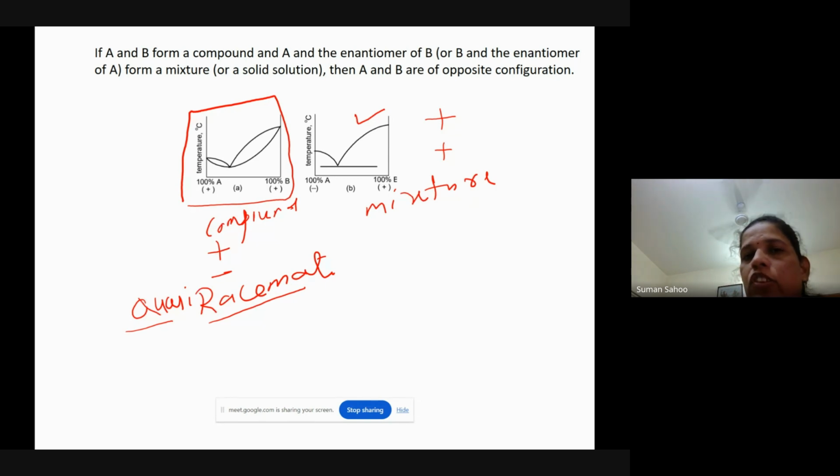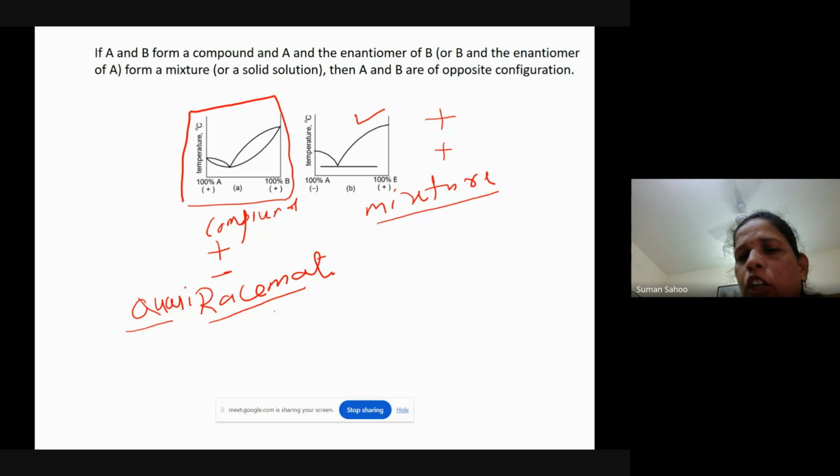If one is dextrorotatory, the other is levorotatory. When we mix those, they form a quasi-racemate, which gives a phase diagram like this. But when they are both of the same configuration, that gives you a mixture, and a phase diagram like this.